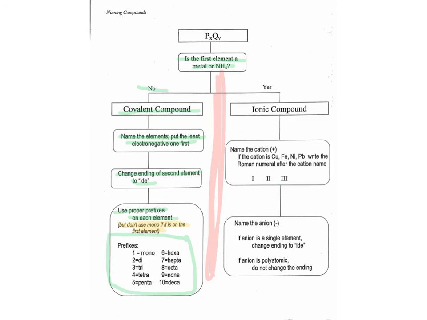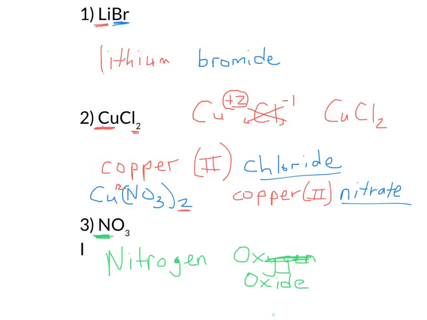So if I go back to my original problem, I would have to add prefixes to this. I have one nitrogen, so mono is the prefix for 1. And then the prefix for 3, because I have 3 oxygens, is tri.